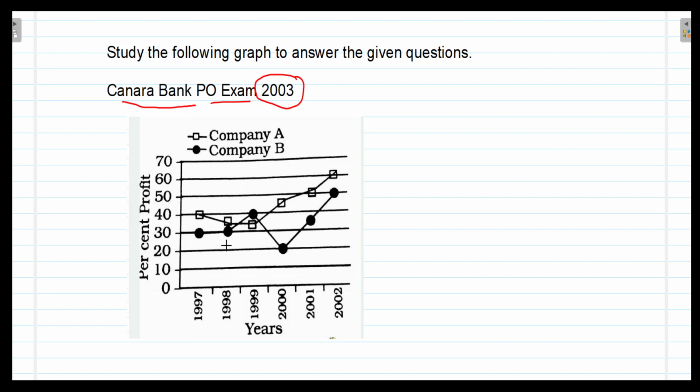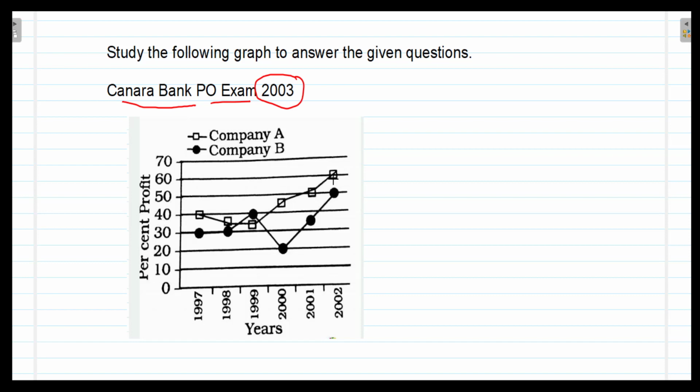In 1998 company B again has a profit of 30%. In 1999 the company has a profit of 40% and so on. Similarly, in 1999, company A has 40% profit and company A in 1998 has 35% profit and so on.